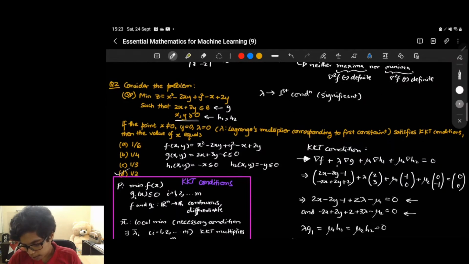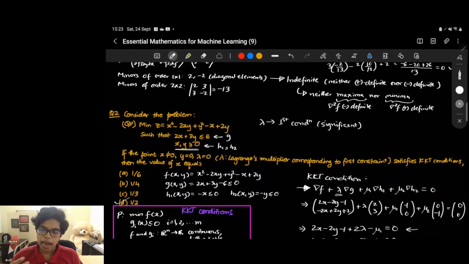So whether you call this thing lambda or alpha or beta or whatever, this equation needs to be satisfied. So you have three conditions and you have one function. So gradient of the function plus some multiplier times the gradient of the constraints and sum of this. So multiplier times gradient of the constraints, sum of these should be equal to 0.